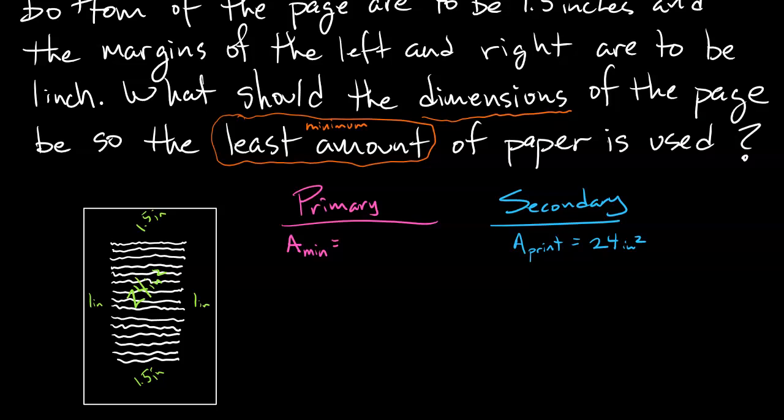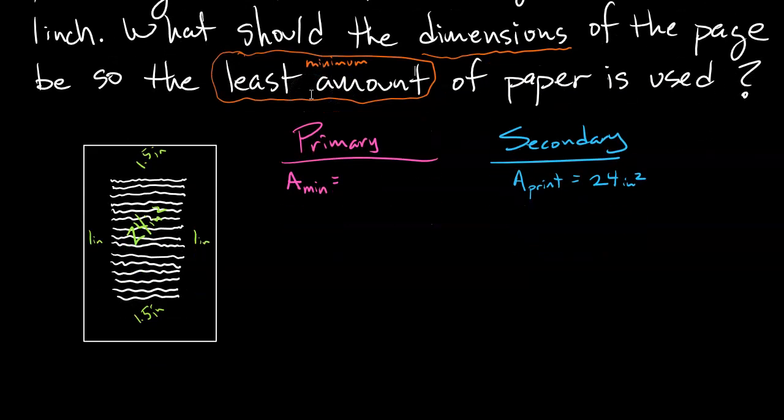So our variables are obviously in some way or form going to be base and height. What we have to decide is what's going to be considered the base and what's going to be considered the height. Do we want to make the print base and height, or do we want to make the paper base and height?